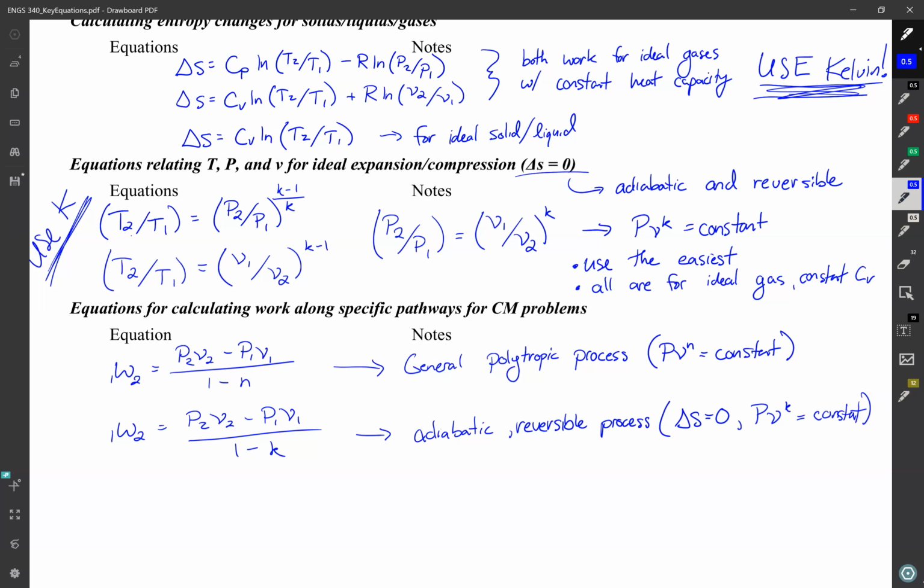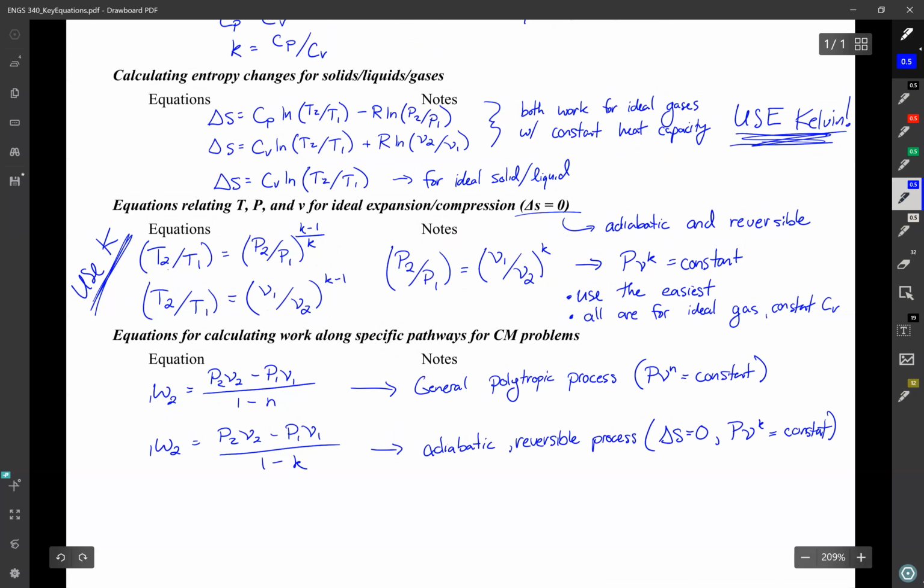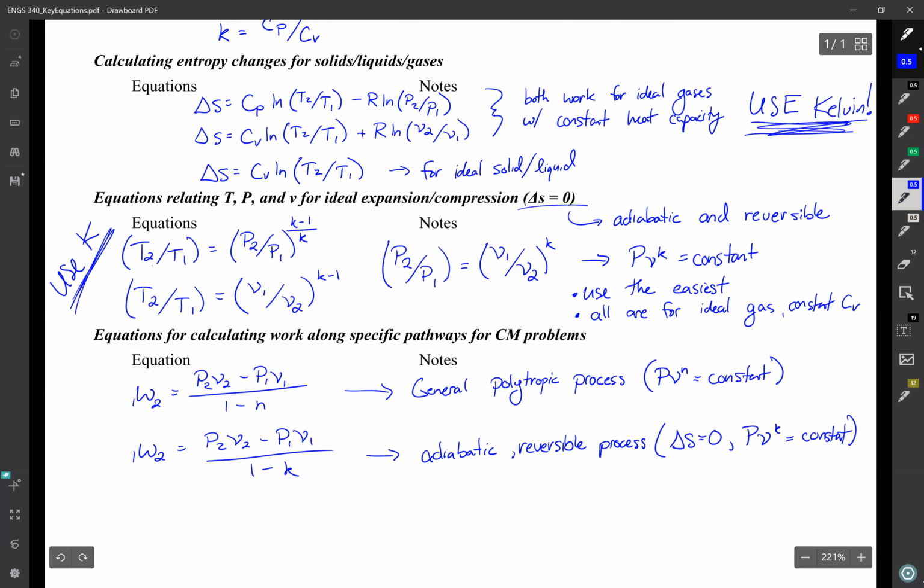Right, we just said that up above a little bit. So these are two similar equations. The cool thing to note is, right, these are both equations for ideal gases.